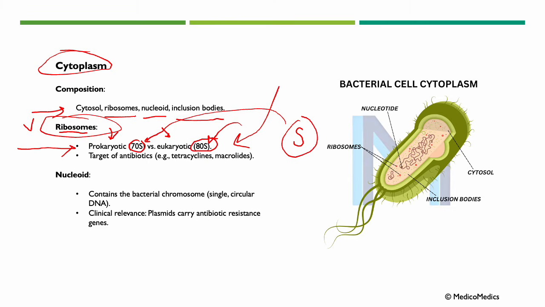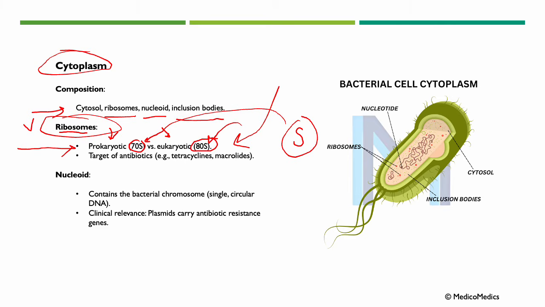The Svedberg units indicate the rate of sedimentation during a process called ultracentrifugation, and roughly they also correlate to the size and the shape. So 70S and 80S refer to the sedimentation rates of the ribosomes in their respective organisms.